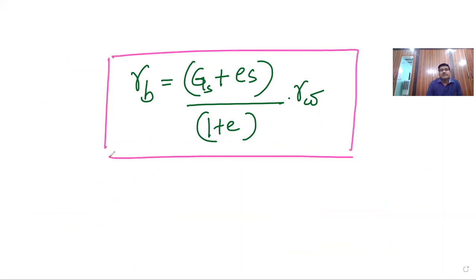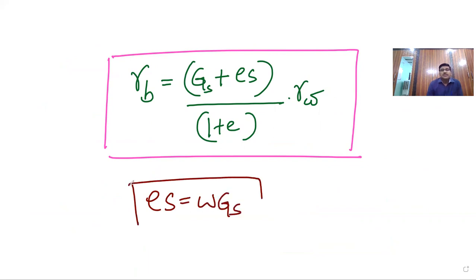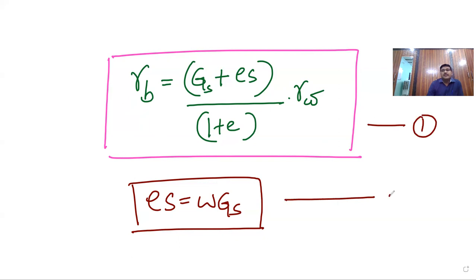This is the fundamental formula. You can solve any type of question with this formula. And another basic formula we have is eS is equal to omega GS. This is also another fundamental basic formula. Both are very, very crucial. These are two things, the first one and the second one, basic formulas.